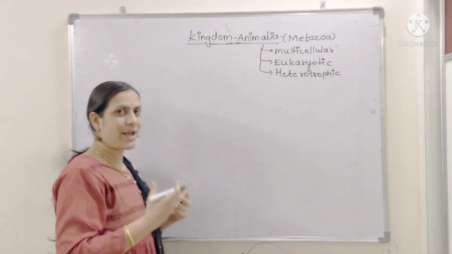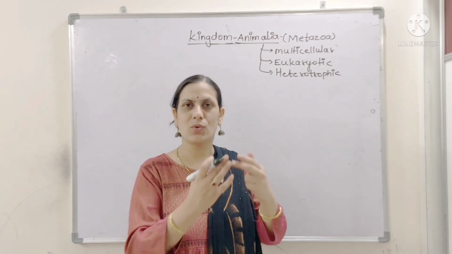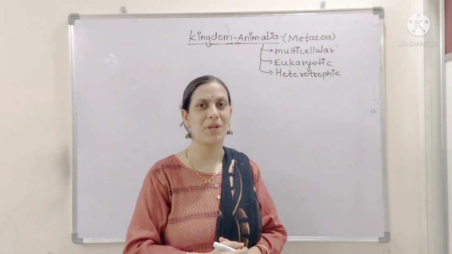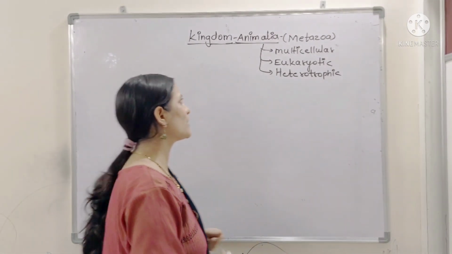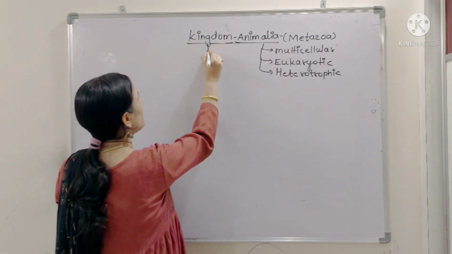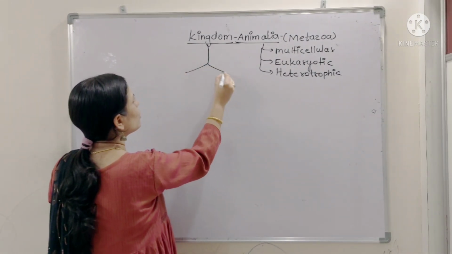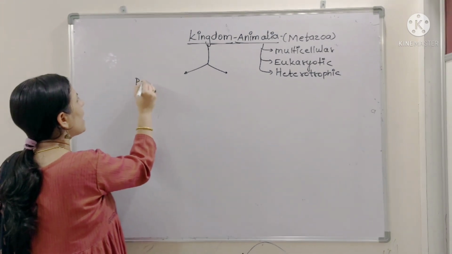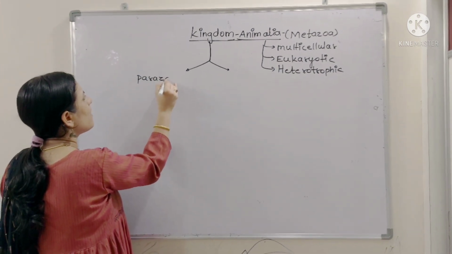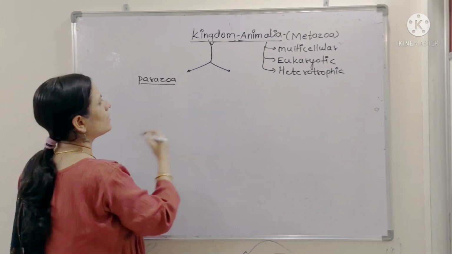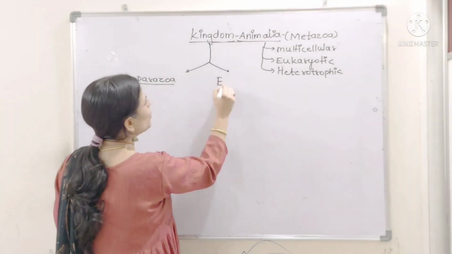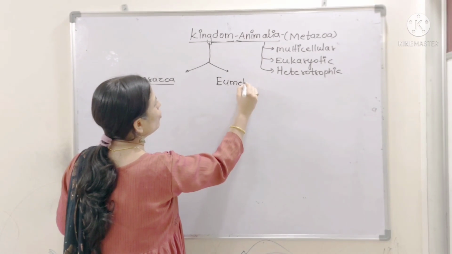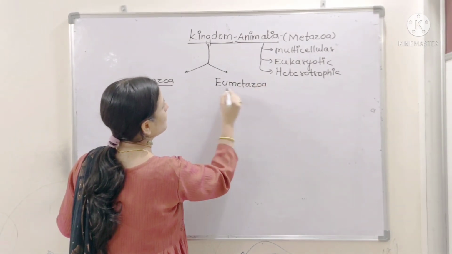All the animals are again not the same. So the kingdom Animalia is divided into 2 subkingdoms: the first one is subkingdom Parazoa, and the other is subkingdom Eumetazoa. Eu means true animals.